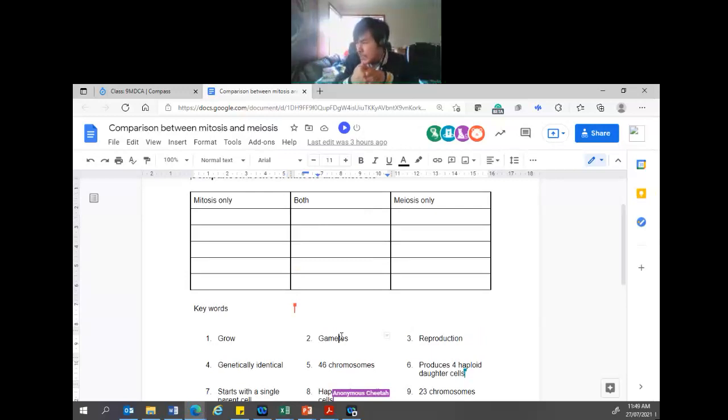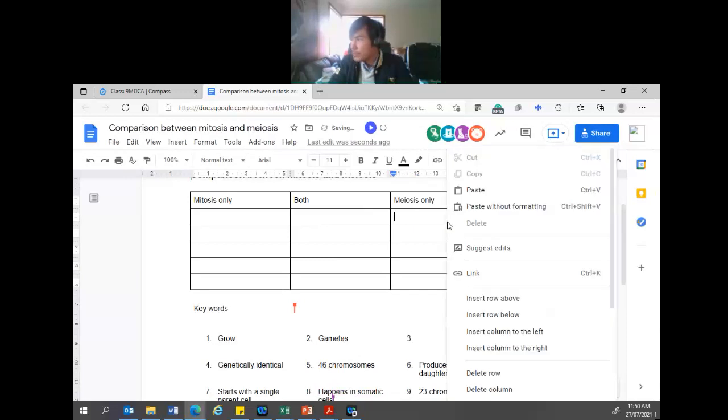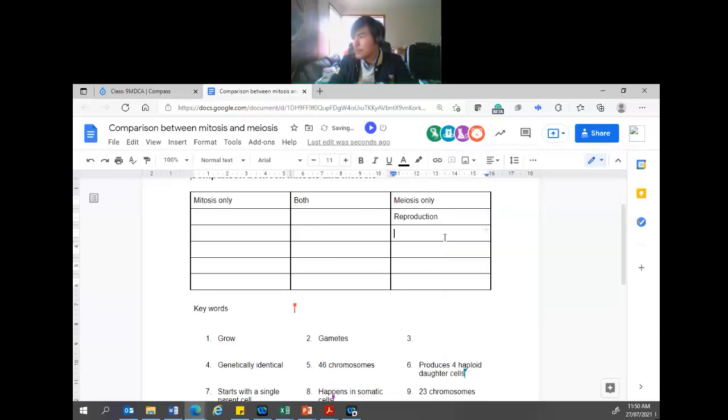If you need any hints, you can go back to the PowerPoint and read the notes again. For example, we've just talked about meiosis, and remember that meiosis happens when we have reproduction, right? So we can copy and paste this in there.